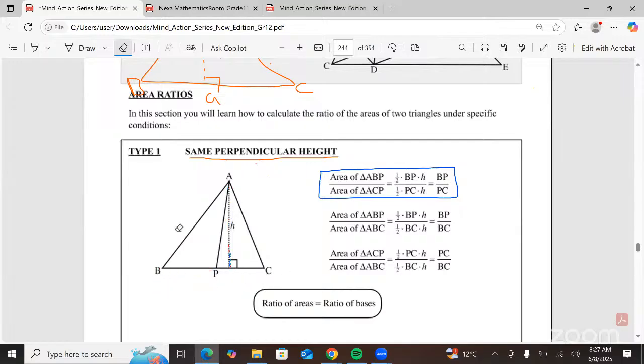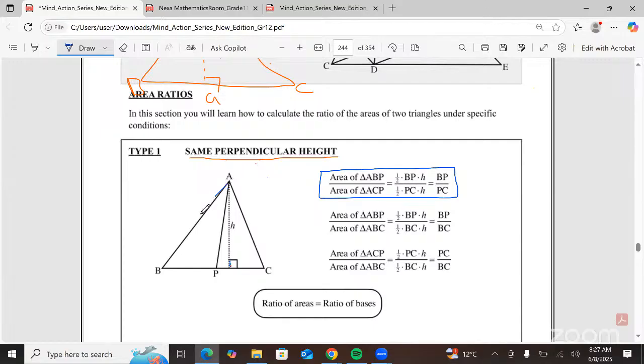If you are required to find the area of ABP over the area of ACP, then this is what you can do. You quickly extract the triangle ABP.